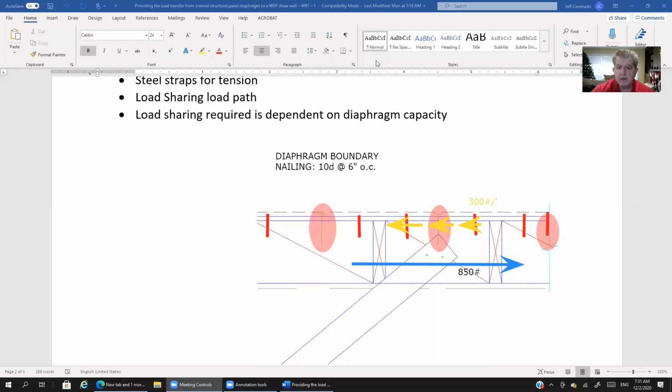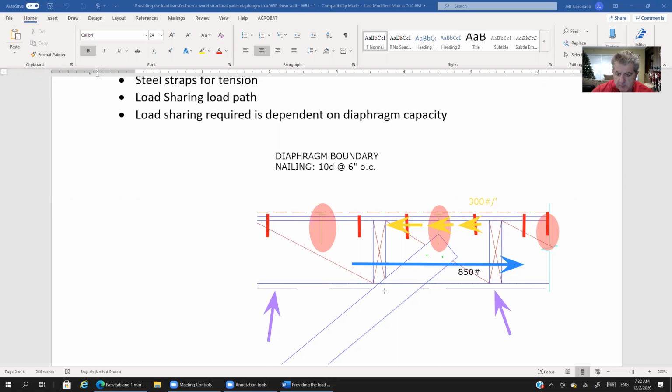Well, gee whiz, now what can we do, right? Well, here's another part of this assembly that we haven't discussed. Take a look at these gray lines down here. Those gray lines are steel straps. So we've got a steel strap that connects.